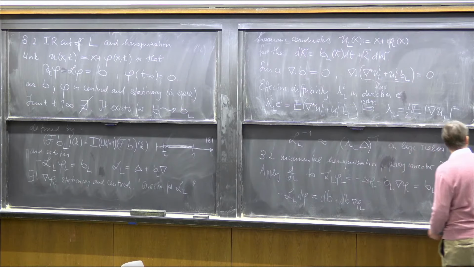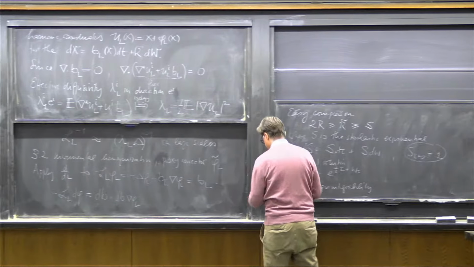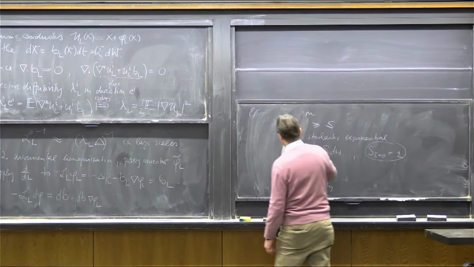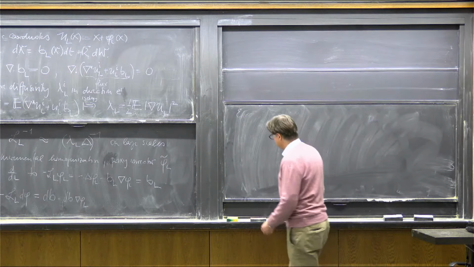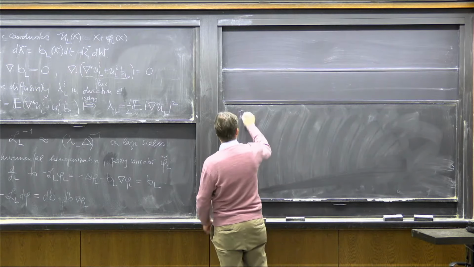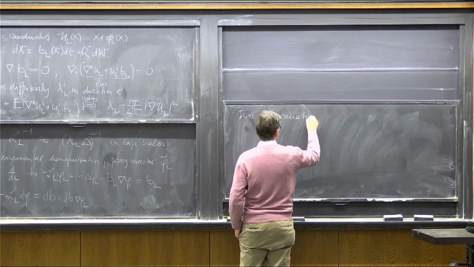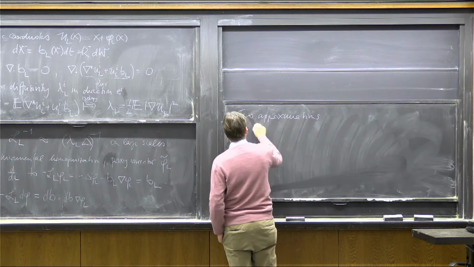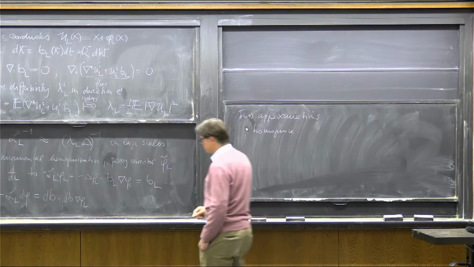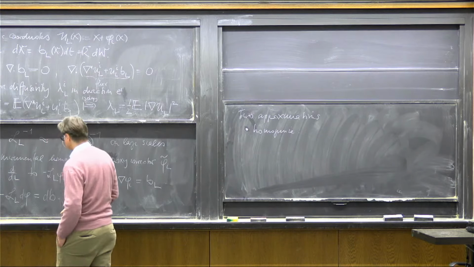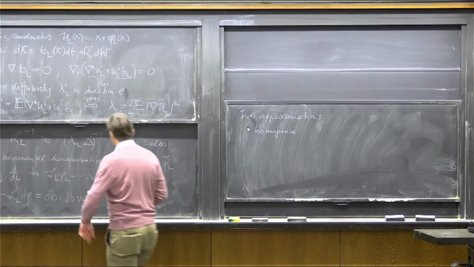And now we do two a priori completely uncontrolled approximations, but which turn out to work. We homogenize, which means we use exactly this inside. So we replace the inverse of this operator by the inverse of this operator.